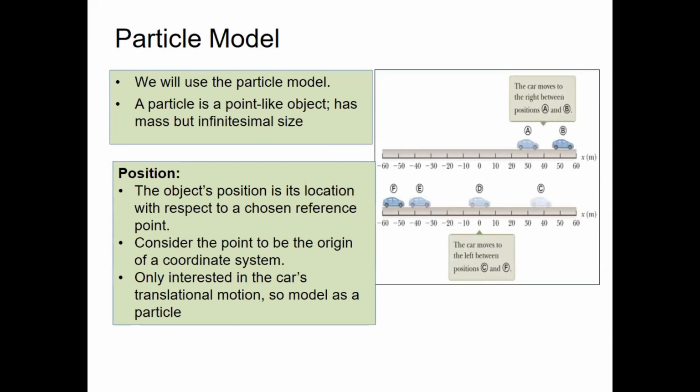If we start the discussion, we will primarily say that we are talking about the particle model. Particle implies in physics point-like objects. The objects that are really converted to points.